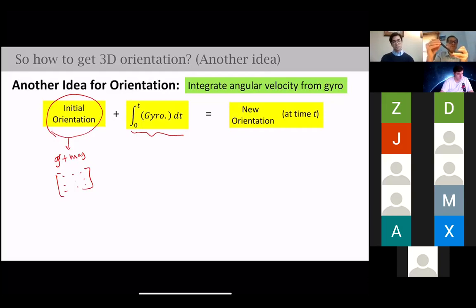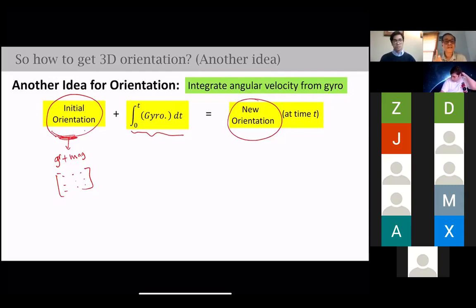That will be some rotation around the Y axis and some rotation around the X axis, which together will be some rotation along some other axis, capturing the two rotations around the X and Y axis together. Okay. So initial orientation plus gyroscope integration will also give me the new orientation. So this is a second way of getting orientation, as long as I know the first one.